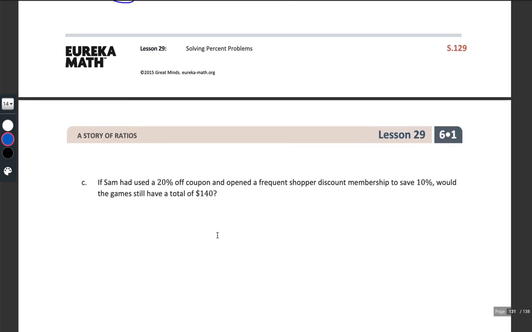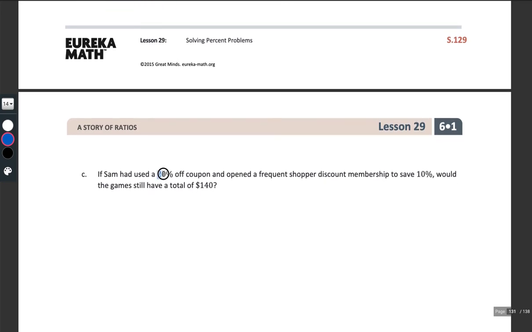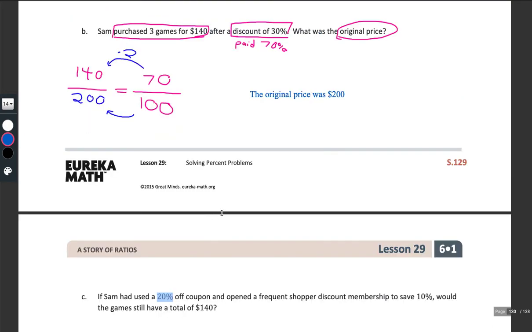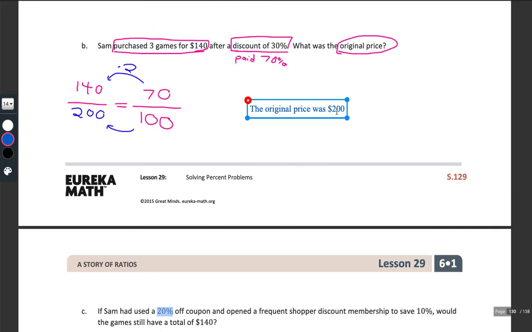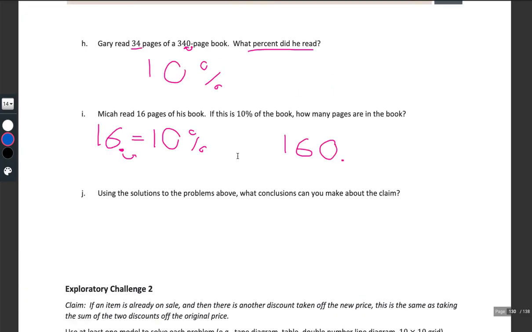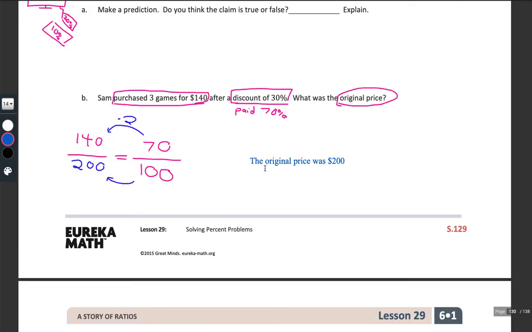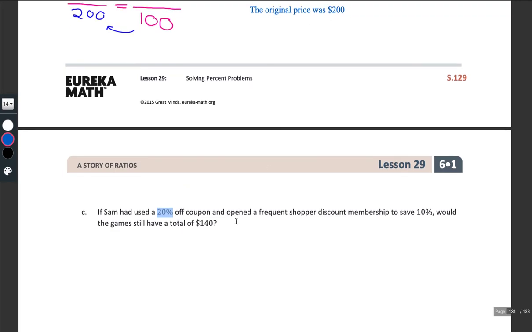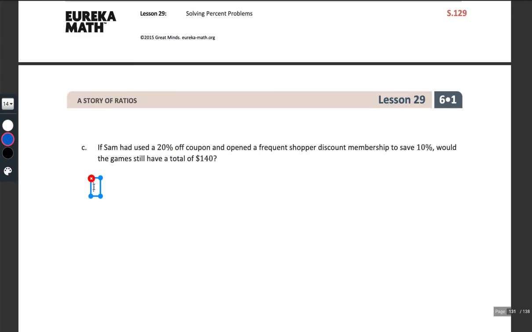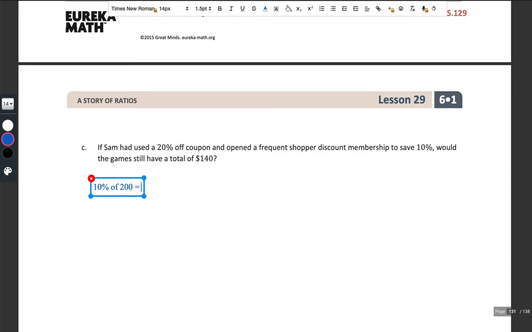So let's do that. First, we need to find what 20% of 200 is, which is very easy because we just learned how to find 10%. So let's find 10% of 200. 10% of 200 equals 20, right?